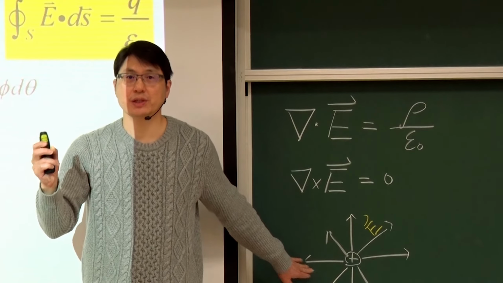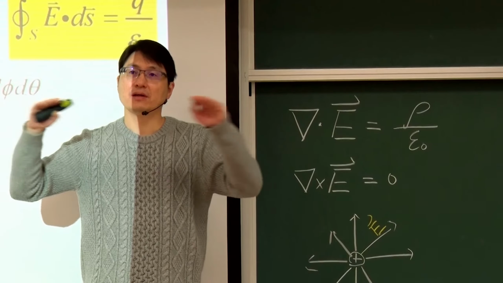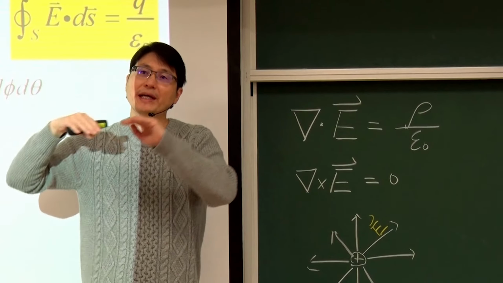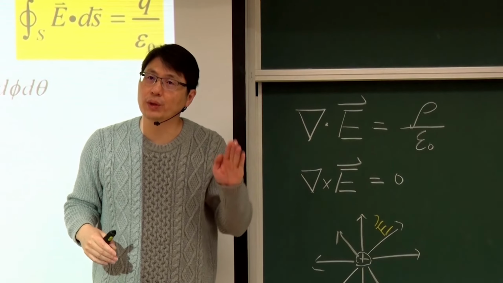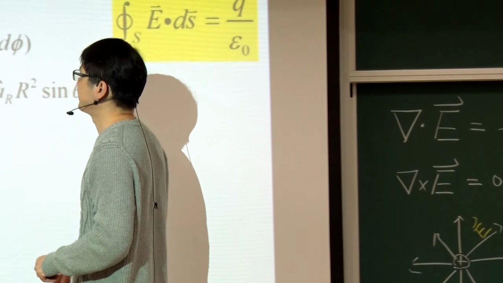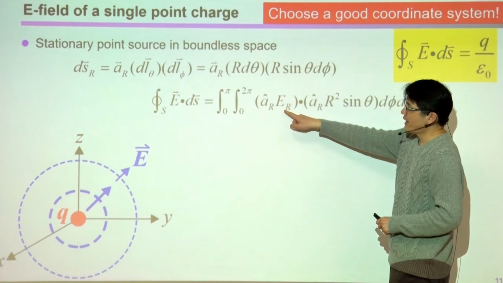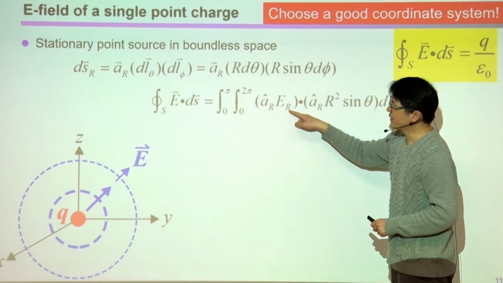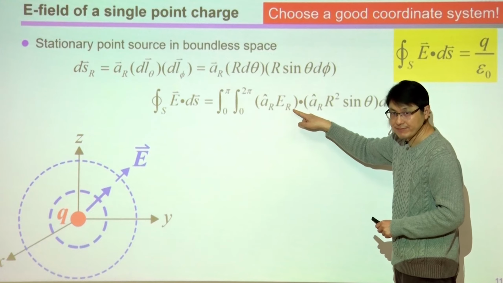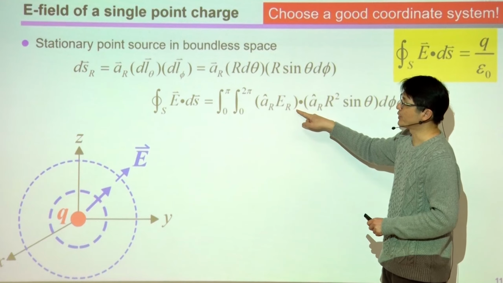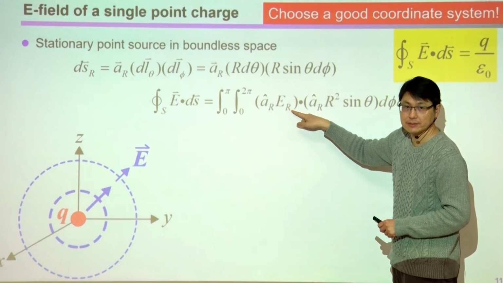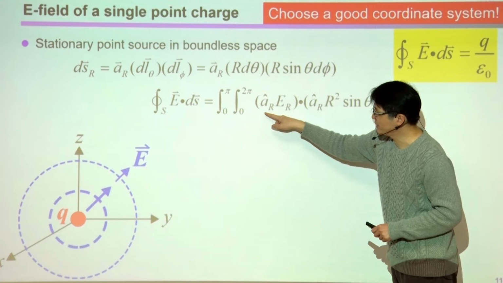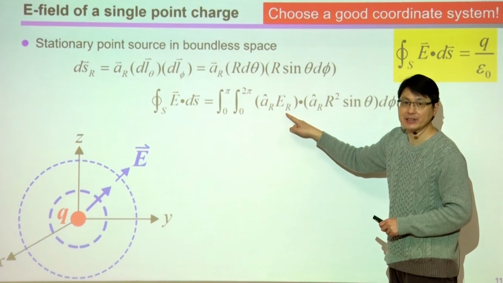For a single charge, the field lines are all radial. Each line is pointing in the radial direction. That's the reason why I'm using E_r. The E field intensity for a single charge is everywhere radial. So I have the direction, and I have its magnitude.